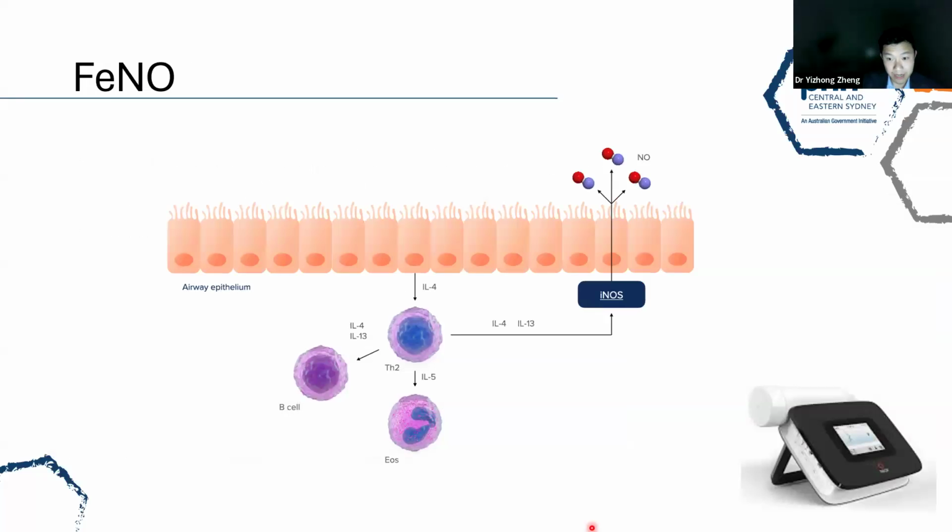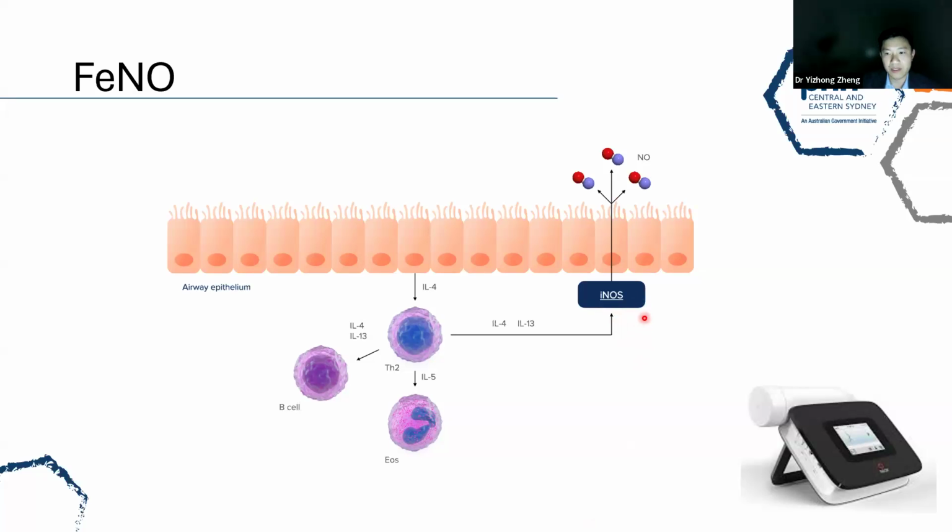That's fraction of expired nitric oxide. Nitric oxide is a gas that's normally found in each exhaled breath in all humans, in very low values, so it's measured in parts per billion. In asthma patients, particularly those with Th2 pathway inflammation, they have increased levels of inducible nitric oxide synthase, iNOS.